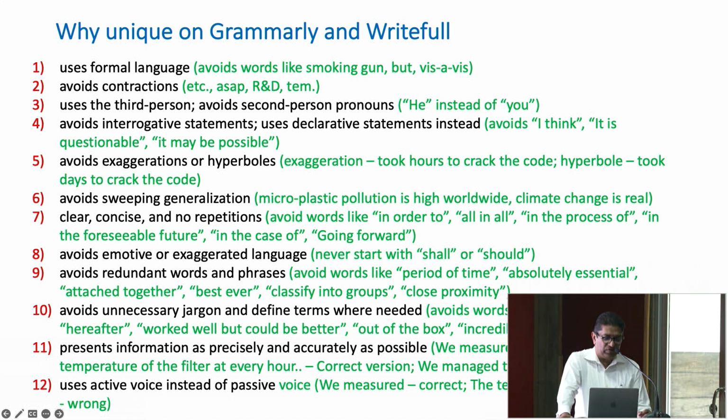Number 6 says avoid sweeping generalization. You try to generalize, for example, microplastic pollution is high worldwide. Very obvious, everybody knows. But you can't put that sentence into a manuscript, because that is generalization. Also, climate change is real. You can't write like that.